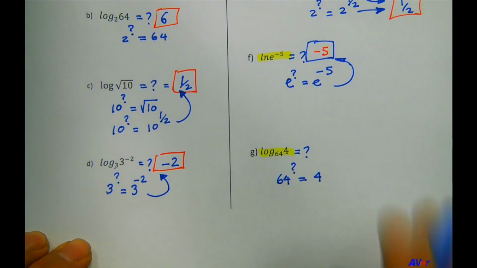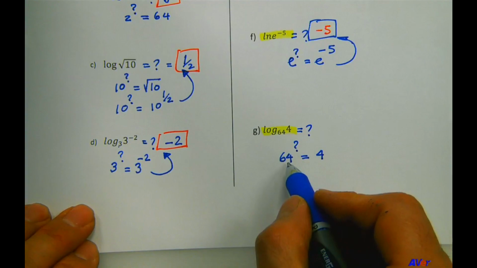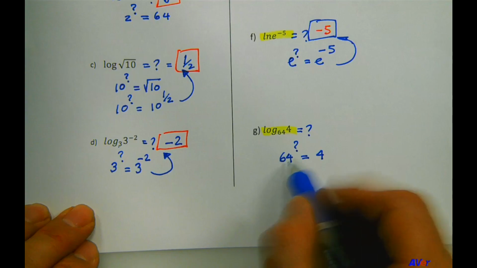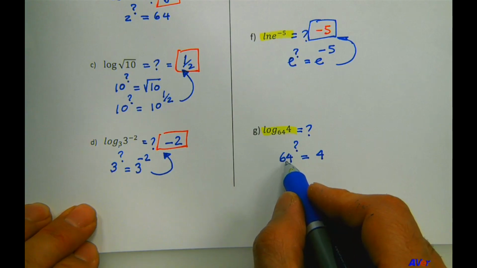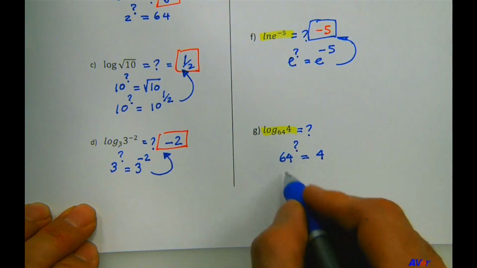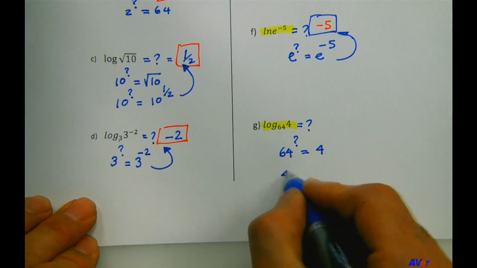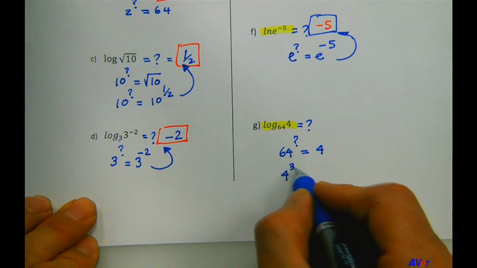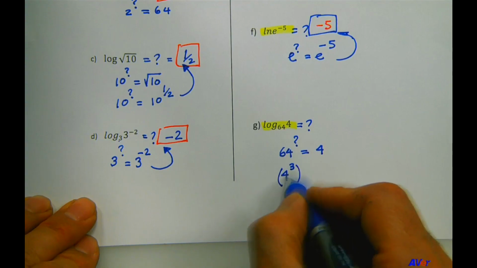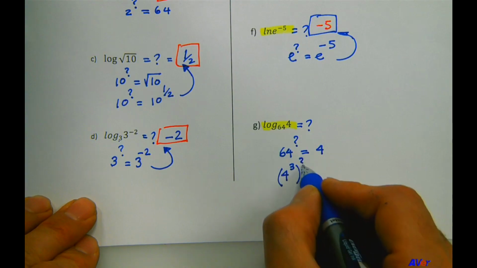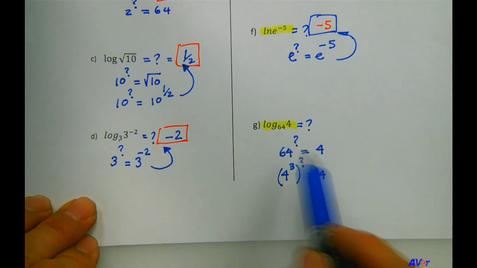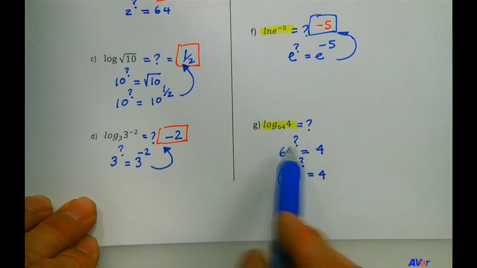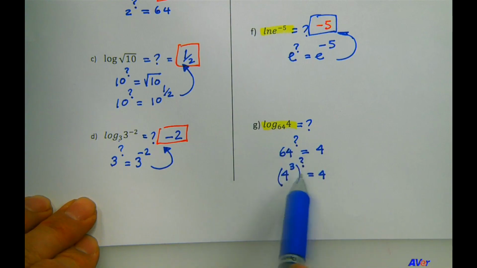Okay? Well, can we write 64 as powers of base 4? We can. So 4 to third power is 64, right? So 4 cubed is 64, and that equals 4. So 64 to some power must be equal to 4.